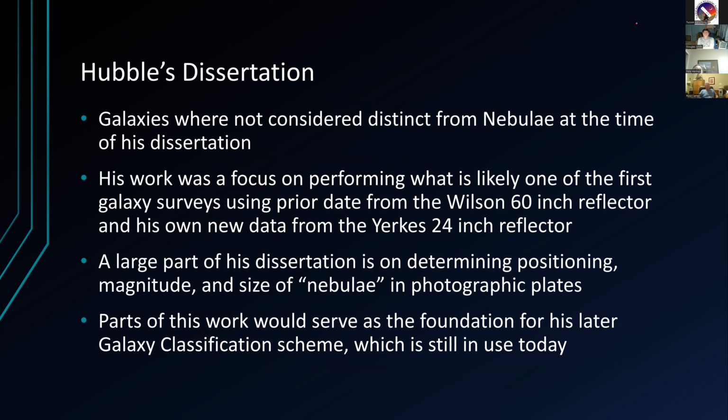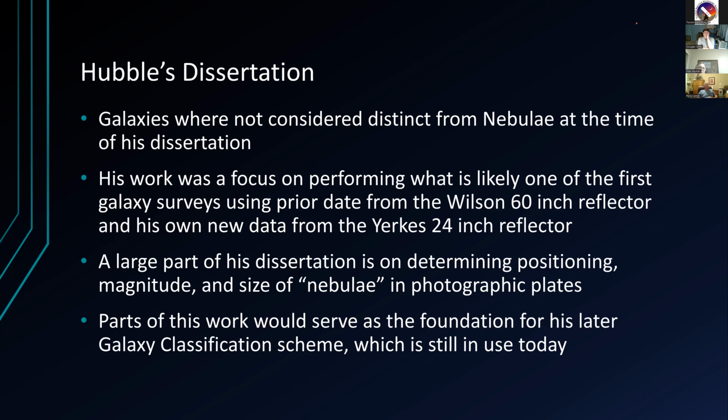So much of Hubble's work in his dissertation was a focus on performing one of the first galaxy surveys with a combination of data that he had collected in his observational efforts using the Yerkes 24-inch reflector, and also the Mount Wilson Observatory 60-inch reflector, and prior data that was collected at another observational run from the Mount Wilson 60-inch reflector.